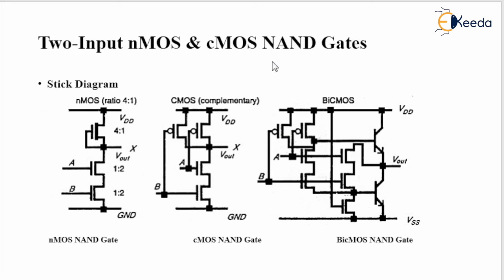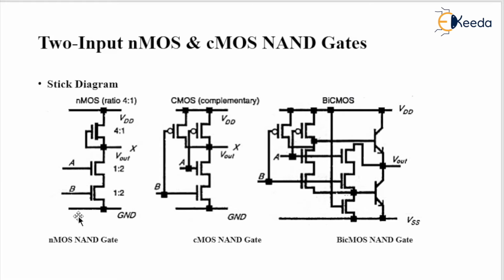This is an AND gate, so NAND gate means an AND operation is there. Under an AND operation in NMOS, a series of transistors should be there. Whenever it is an OR gate, a parallel combination of transistors. Since this is a two input one, I am going to consider two inputs under an AND operation.